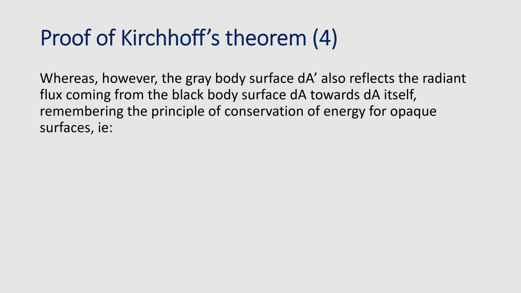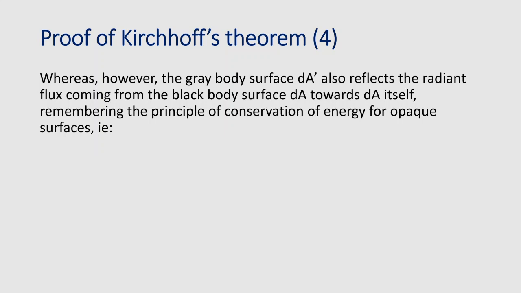So that means that of what is emitted by the black body and is incident on the gray body, part will be absorbed, but part will be reflected back to the black body. So part of the energy that was emitted towards dA1, the gray body, will be returned back to the black body, because the gray body has a reflection coefficient that is not equal to zero, by definition.